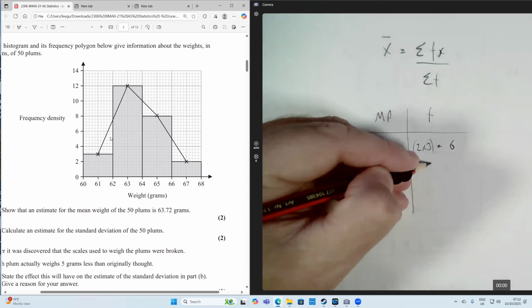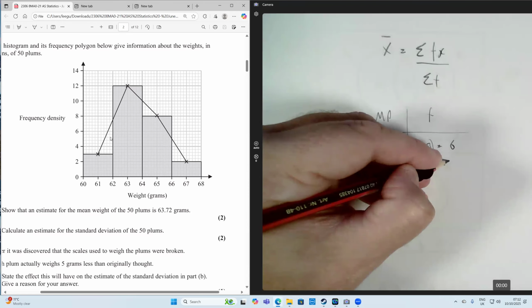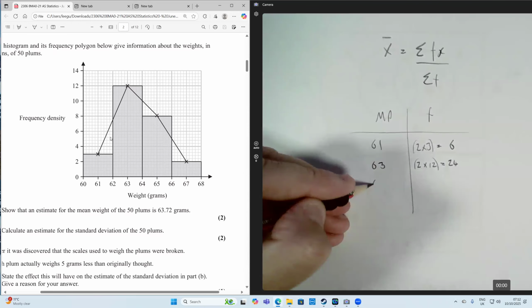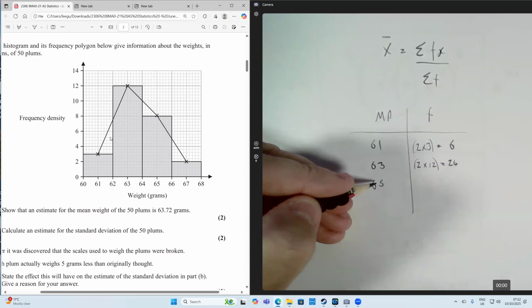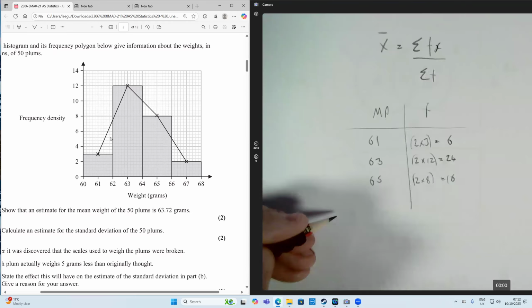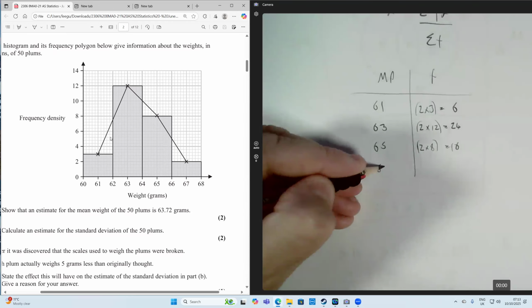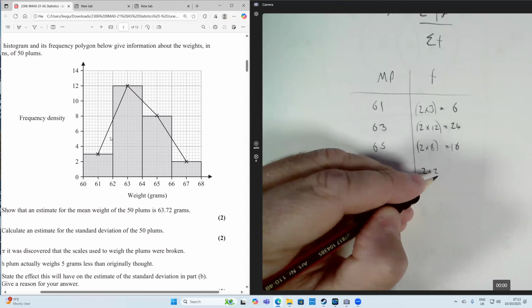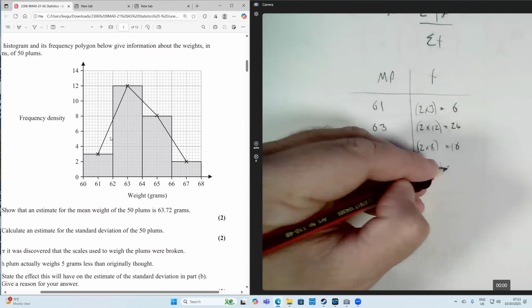So it is 2 times 12, equal to 24. Next one is 65 as our midpoint. We can see that it's 2 wide and it is 8 high. So it has a frequency of 16. And then finally, we've got 67 as the midpoint, which is 2 wide and 2 high. So therefore, a frequency of 4.